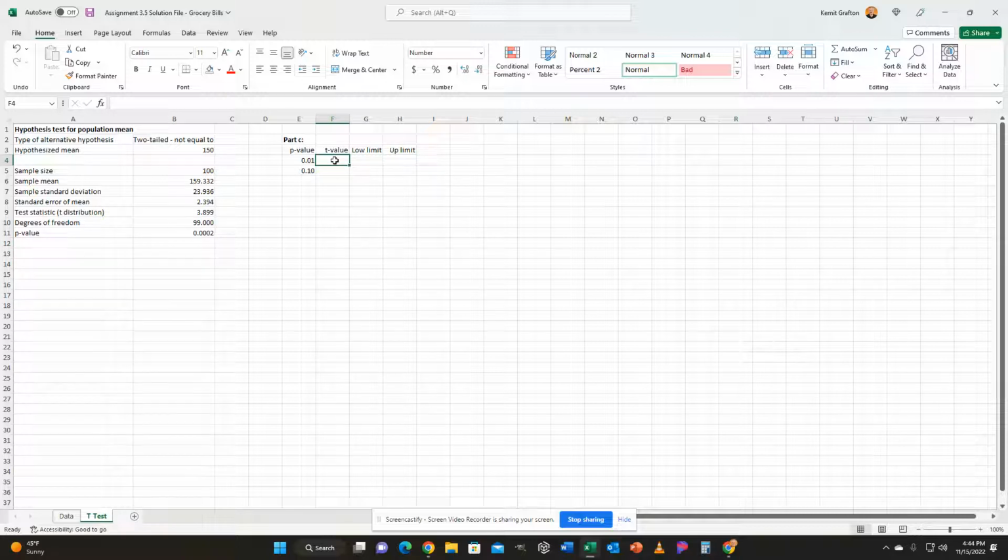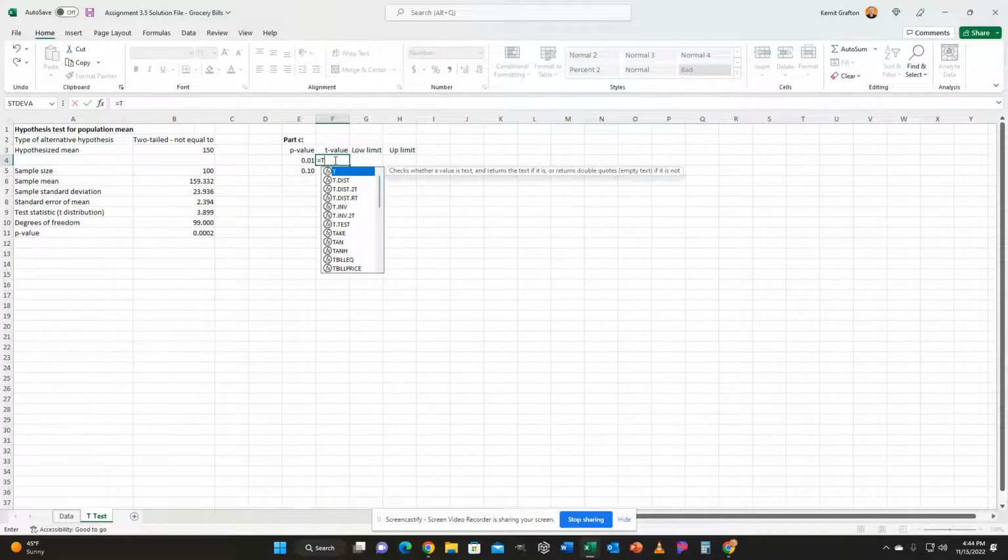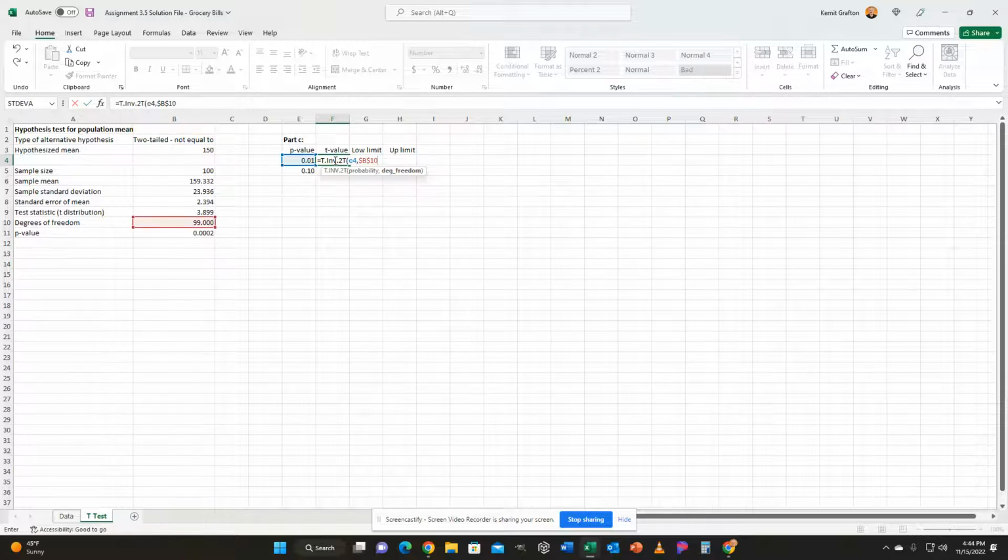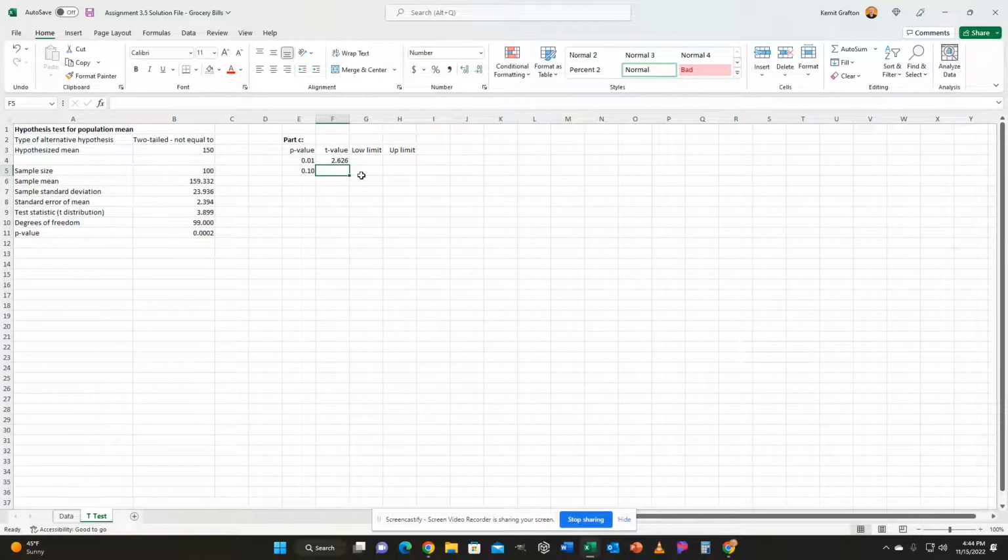So up here, we'll enter the formula for the t-value. This is the same formula we had earlier, but I'm going to do the inverse. So E4 is our probability, and it's going to be $B$10 as our degrees of freedom. Okay. So that gives us 2.626.